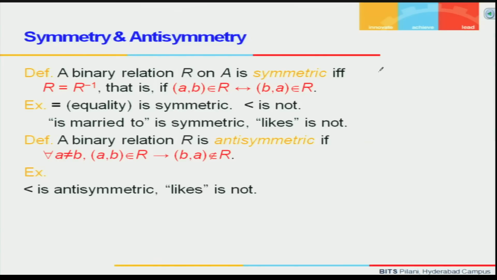Let us see another example. I will say H is the set of all human beings, and marriage is the relation that I am speaking of here. Marriage is a relation that is working on H cross H. How am I defining marriage?